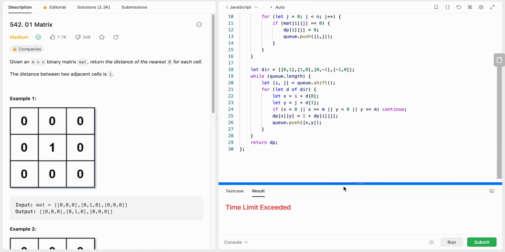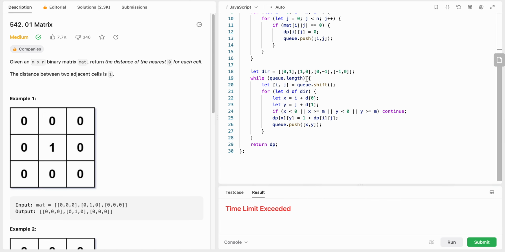Okay, so what went wrong? While queue length, we are going to take the first element and we look at all the directions, okay, and we are only going to compute if the dp is empty, right? So that is also one thing we need to mark here.